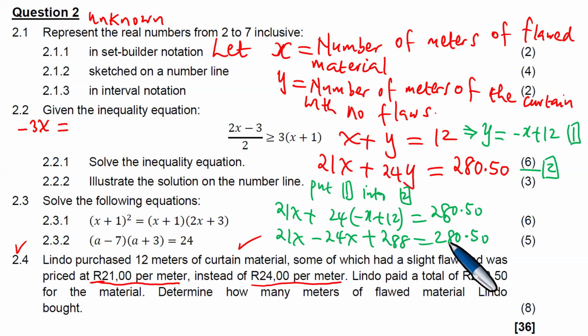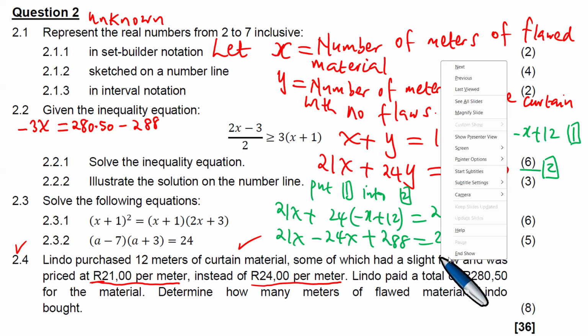So now we have 280 and 50 cents. We subtract 288. We collect like terms and we put these constants. We call them constant numbers with no variables in them.